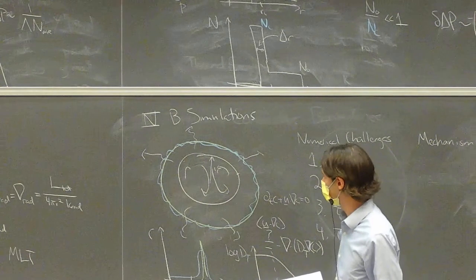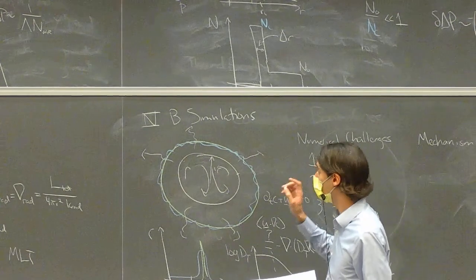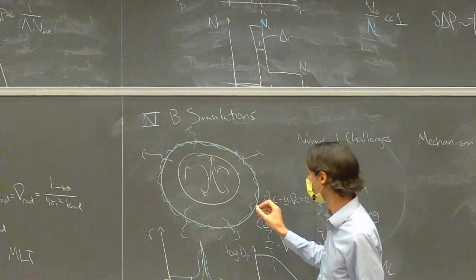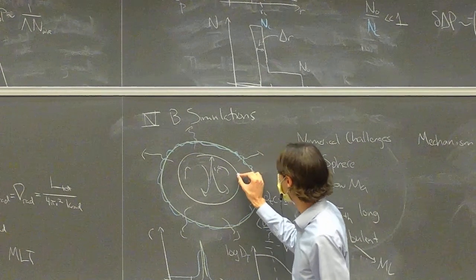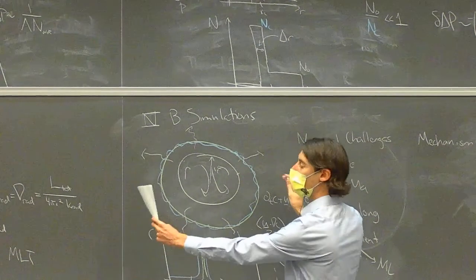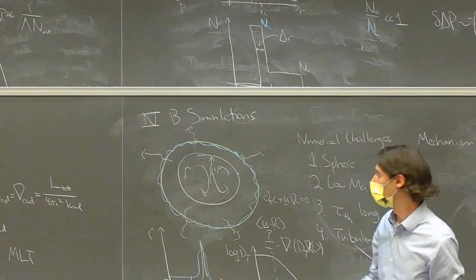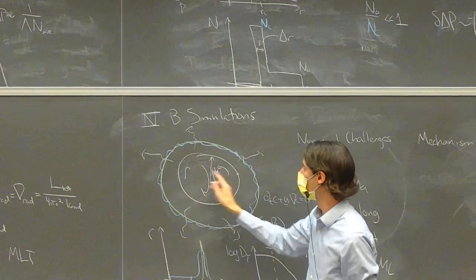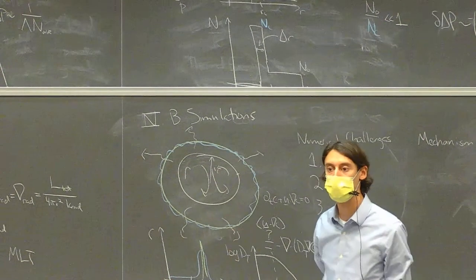Early in the program, we had some discussion from the group of Falk Herwick and Paul Woodward, where they presented some simulations with resolutions of order 1,000 to maybe 2,000 across this convection zone.